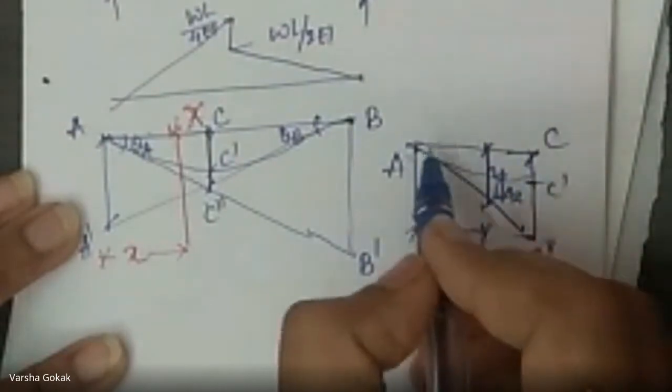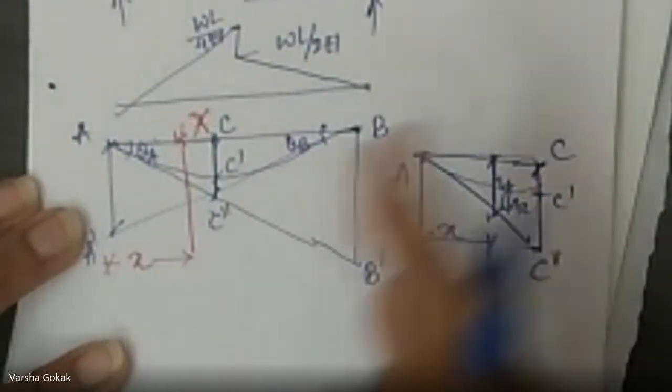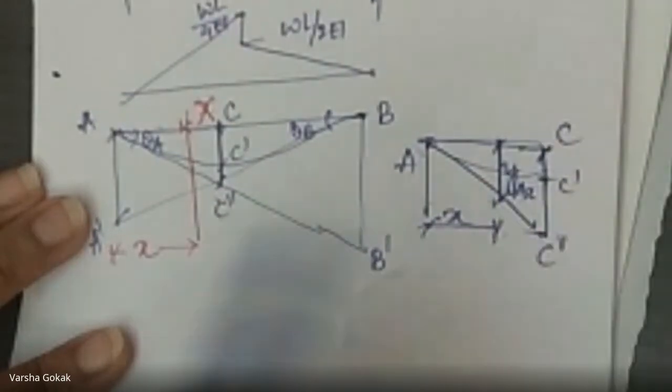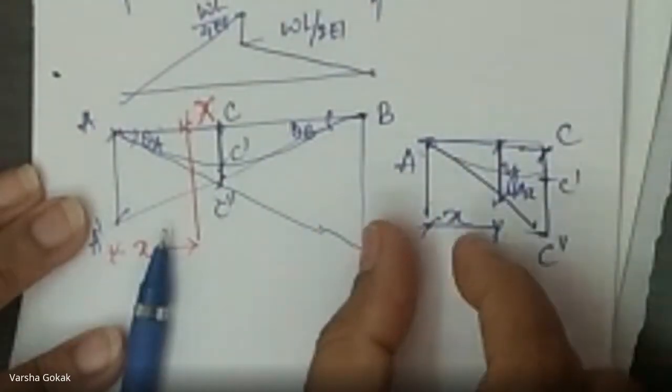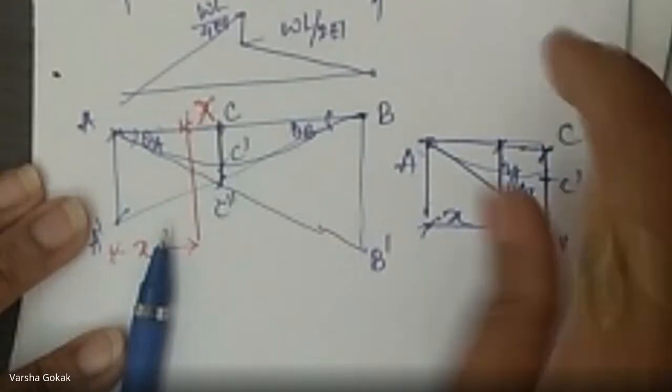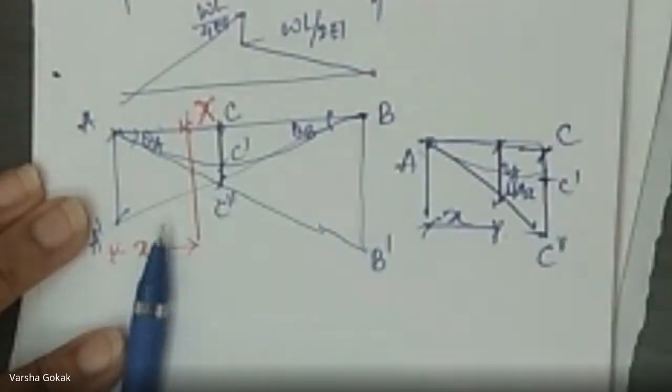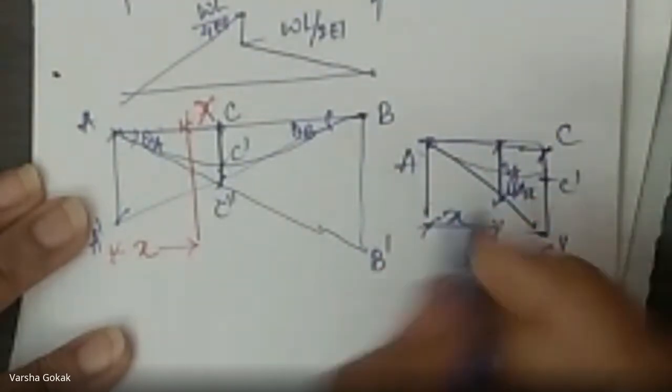So I will need this triangle to apply the similar triangle rule. So how do I apply the similar triangle rule? I know that y divided by x is going to be equal to C double dash divided by this total AC length, right? So let us call this as y.